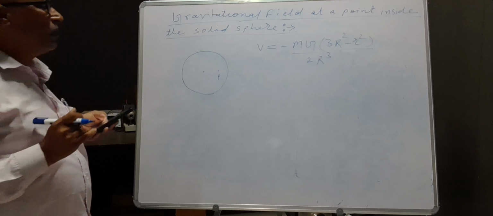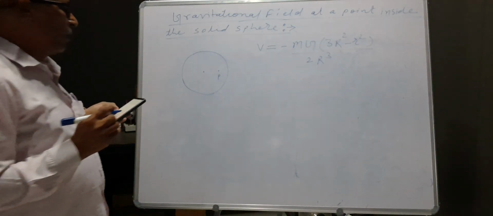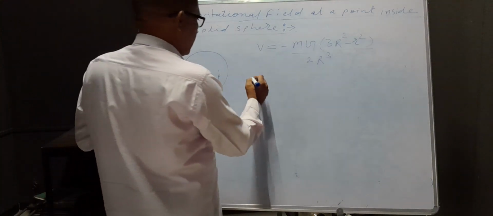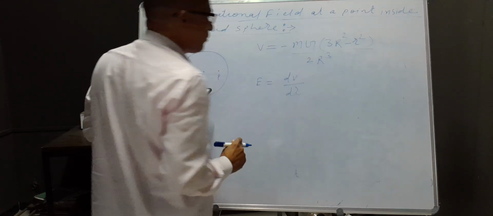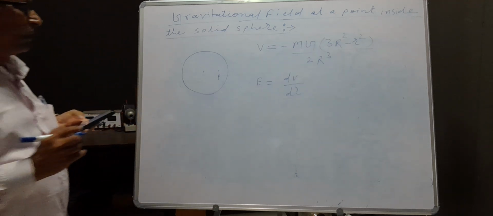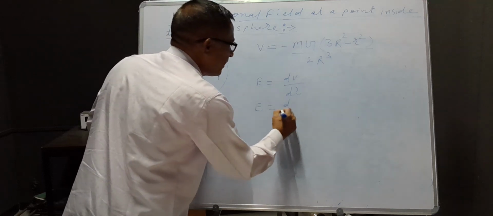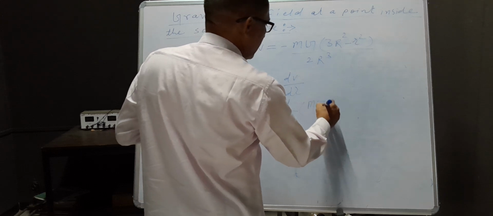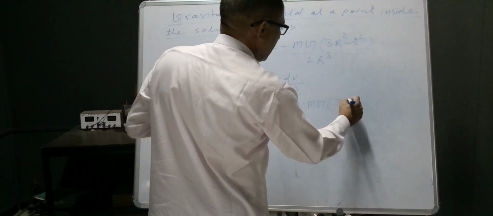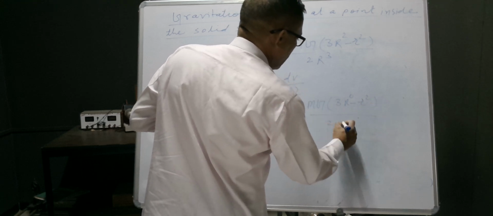But the gravitational field equals the potential gradient. Therefore, we can write E equals minus dV by dr, so we differentiate the above equation with respect to r.